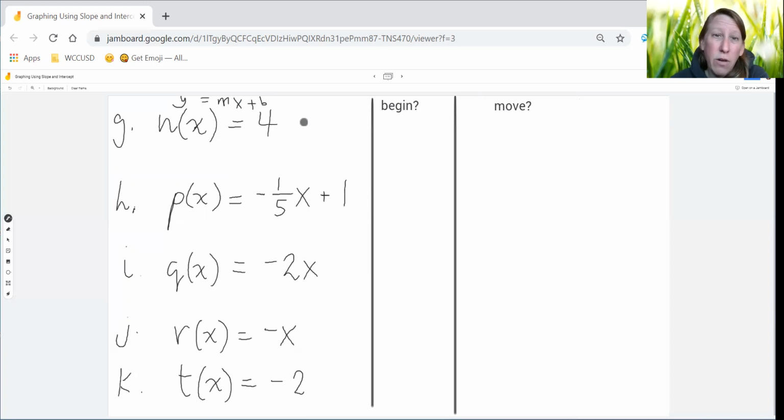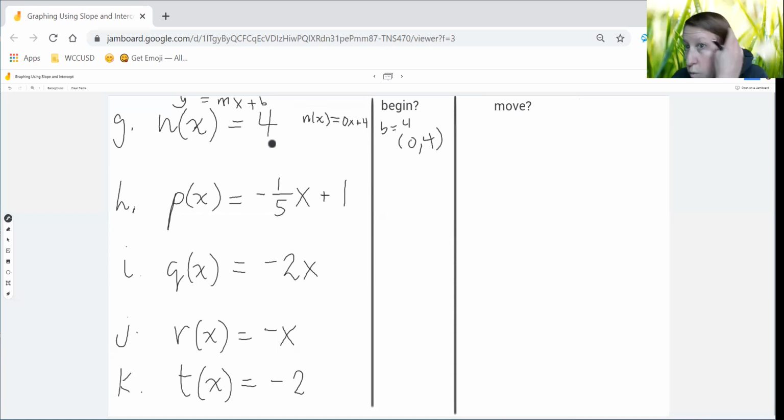Another way to write this function would be n of x is 0x plus 4. Oh, I kind of gave it away. But all that's to say, this is a constant. Okay, so in this problem, the b equals 4, which means the y-intercept is 0, 4.